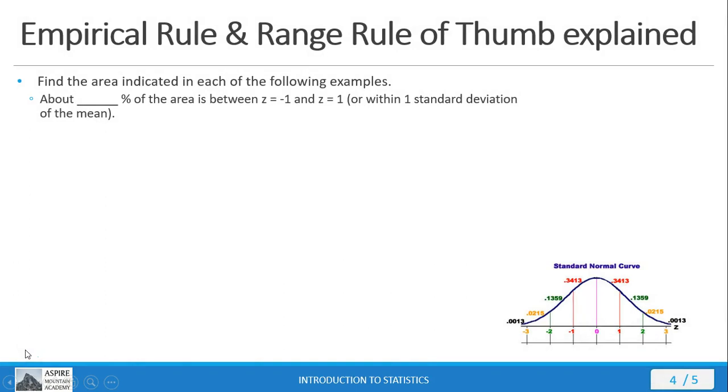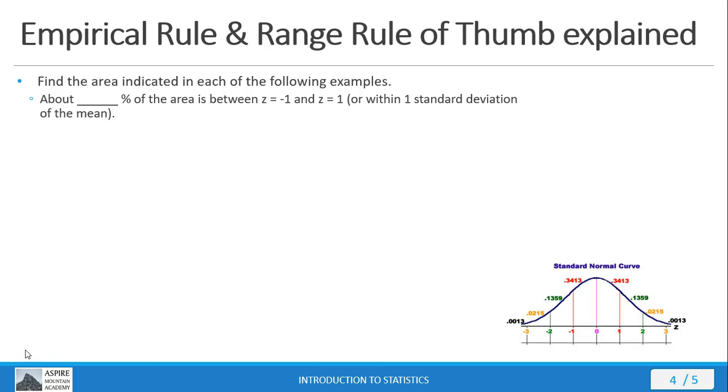Let's take a moment to take what we've learned so far and examine where the empirical rule and the range rule of thumb come from. So remember before you've seen questions like, about what percent of the area is between a z-score of -1 and 1, or within 1 standard deviation of the mean?